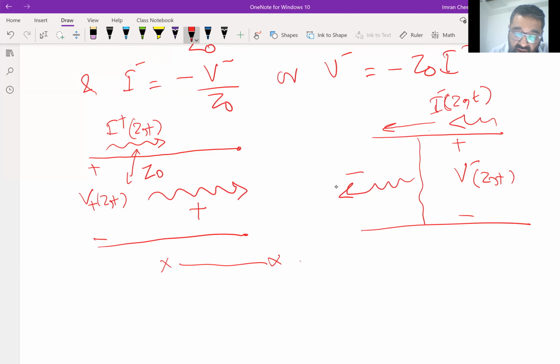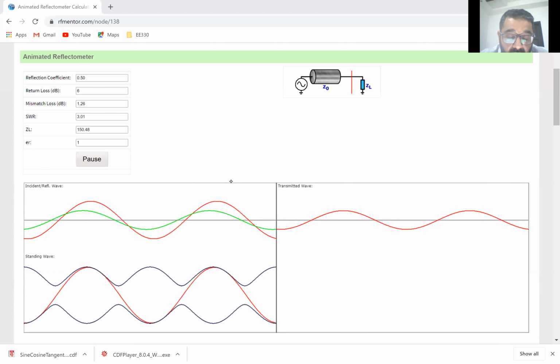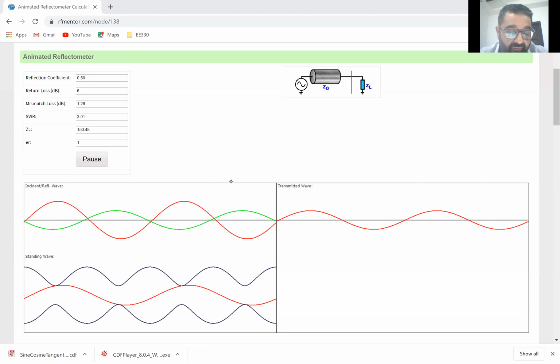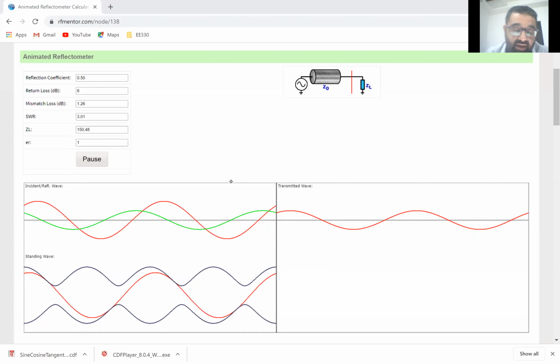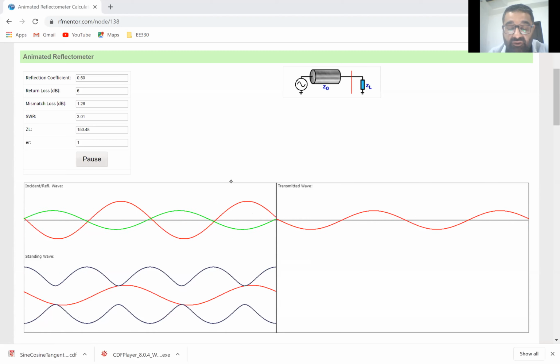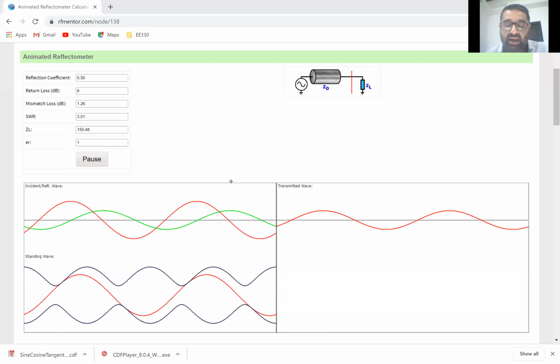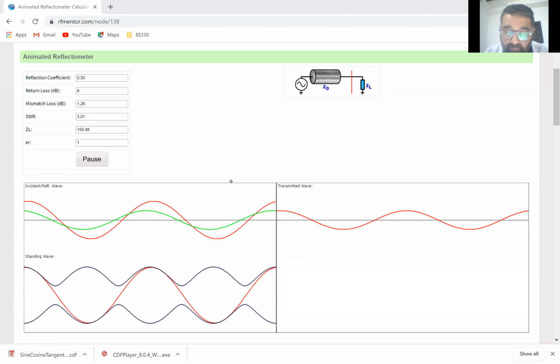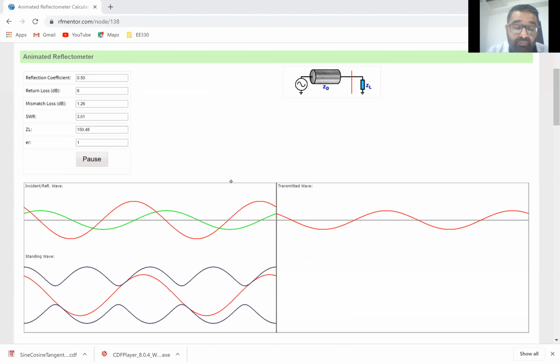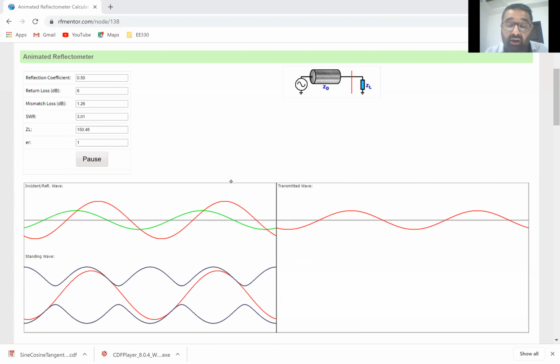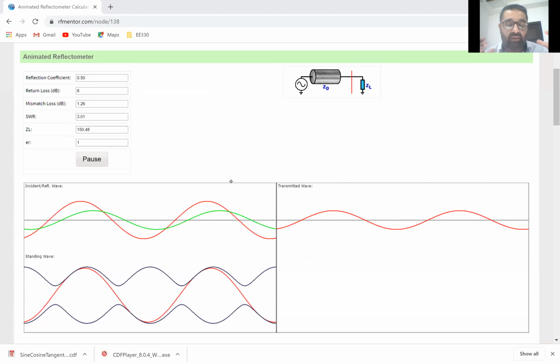So what we did so far was look at a general model of a transmission line. I can't emphasize this more: we have started looking at the math of this intuitive animation, where there is a forward traveling wave, this red one, and when it hits a change in medium, there is some transmission and some reflection, and both forward and backward waves are present at the same time on the line.